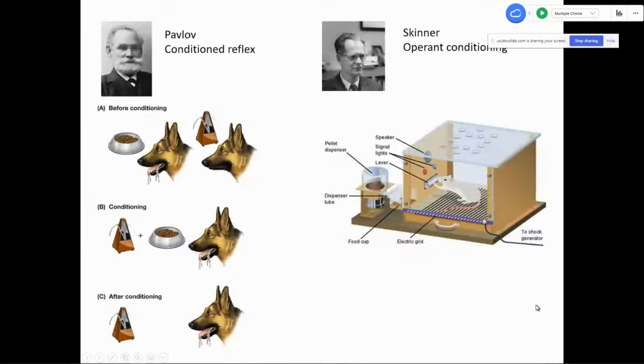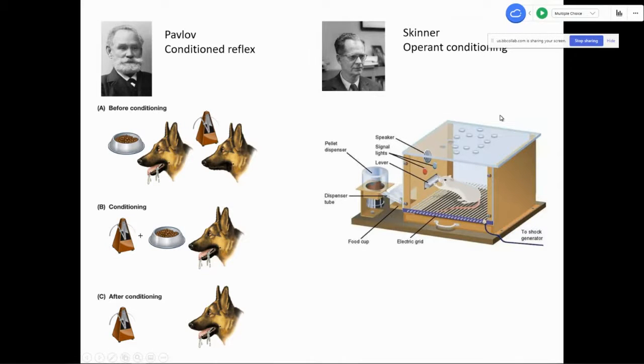When we talked about behaviorism, we talked about Pavlov and conditioned reflexes in dogs, salivating, and then we talked about Skinner and the rats in the Skinner box and operant conditioning.